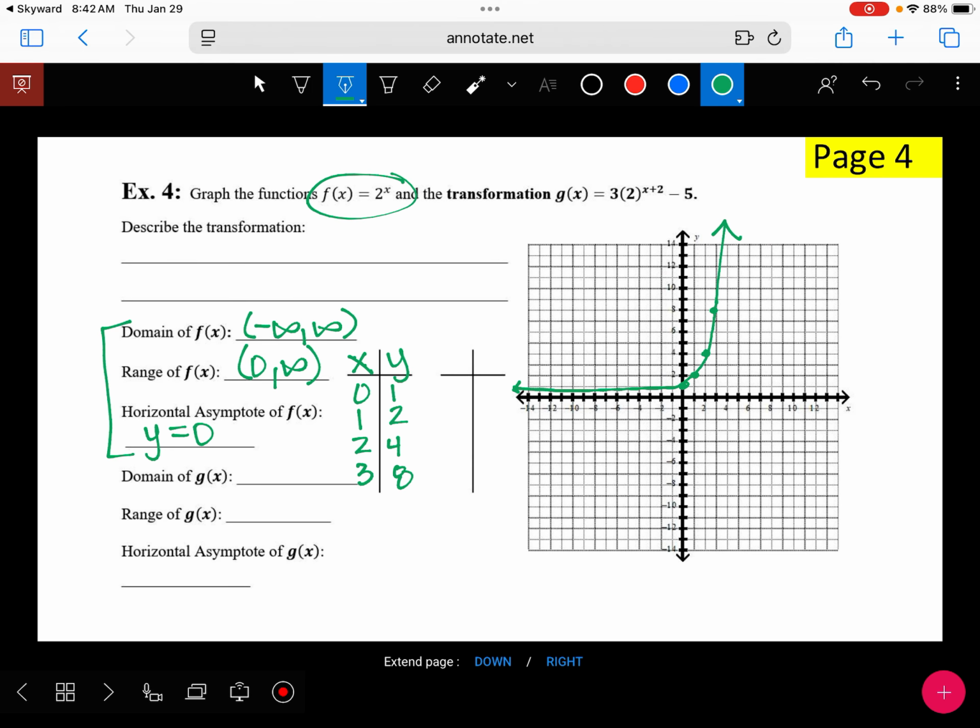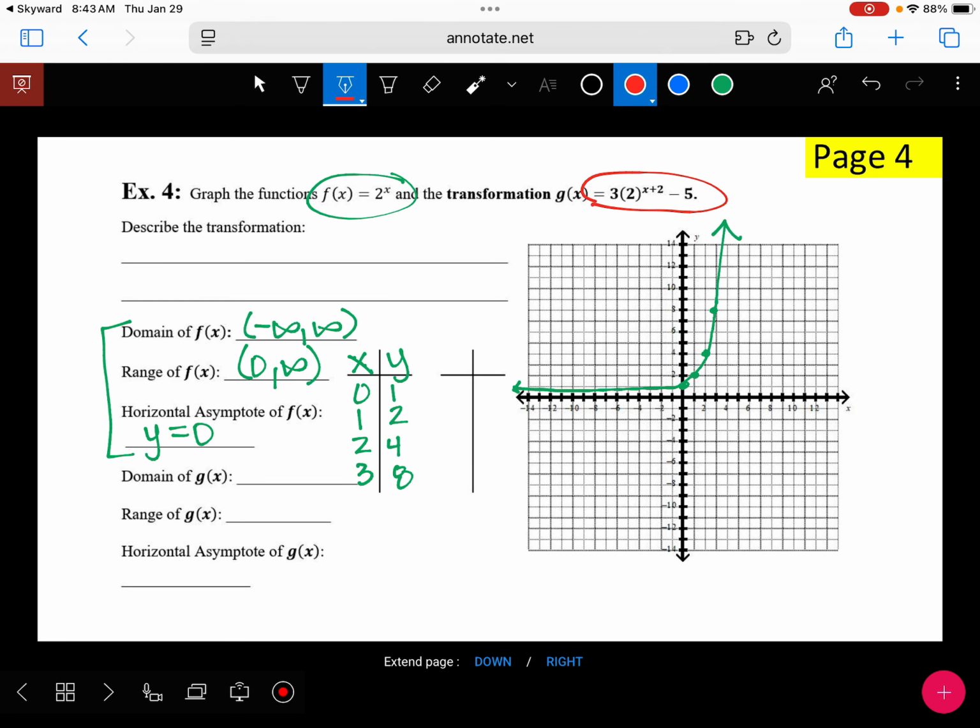That's our parent. All right, so now let's look at this new value here.